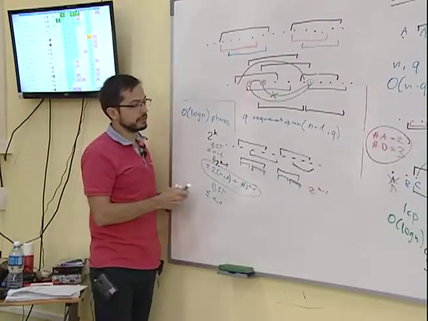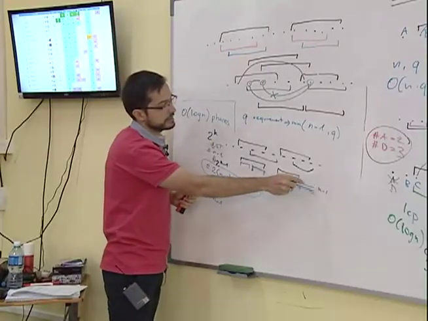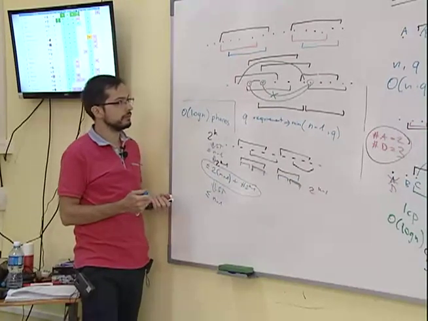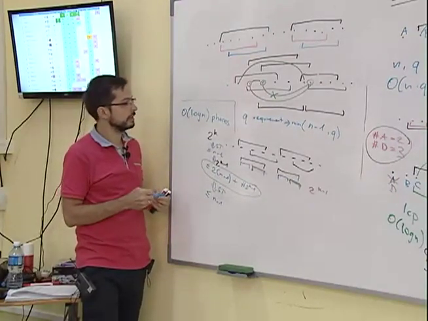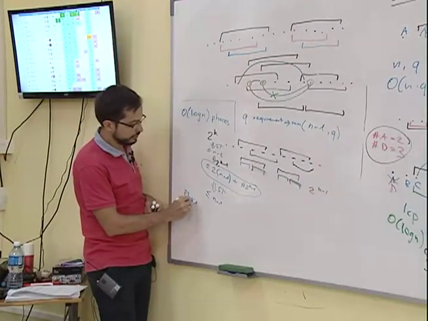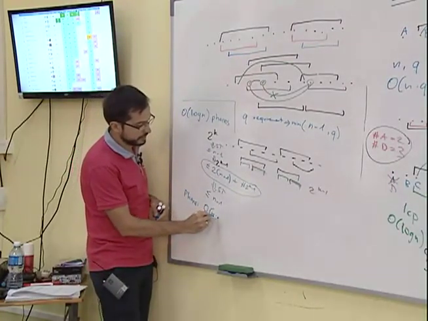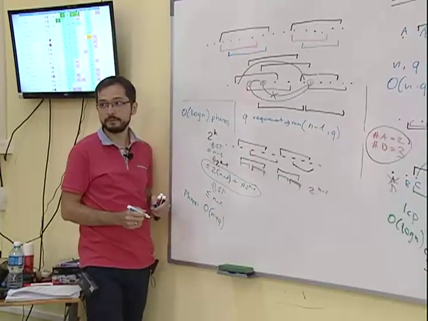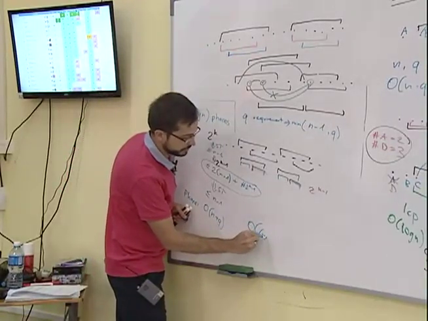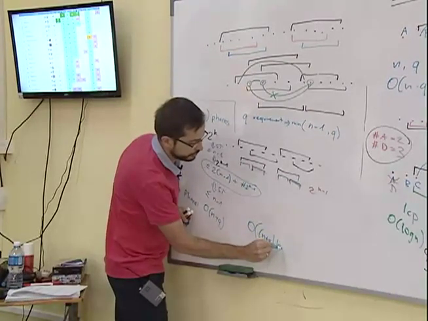But overall, the sum of all these additional requirements will be q. So actually, for one phase, you do work of size n plus q at most. So overall, the algorithm will work in time (n + q) log n.